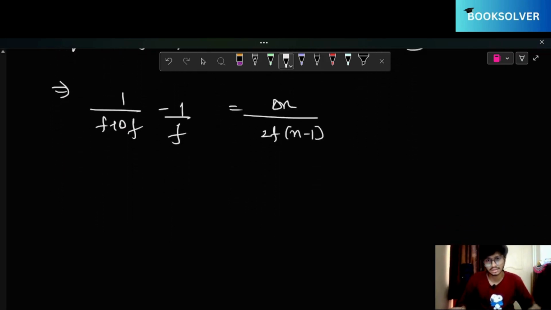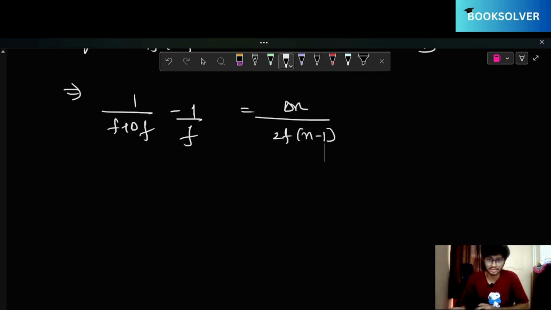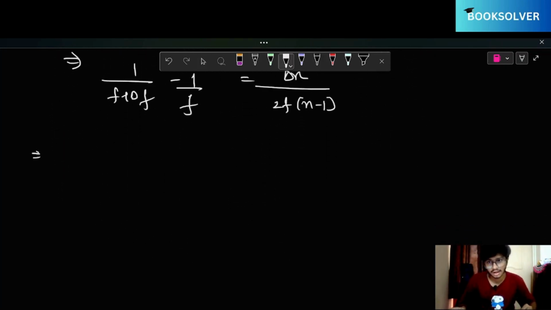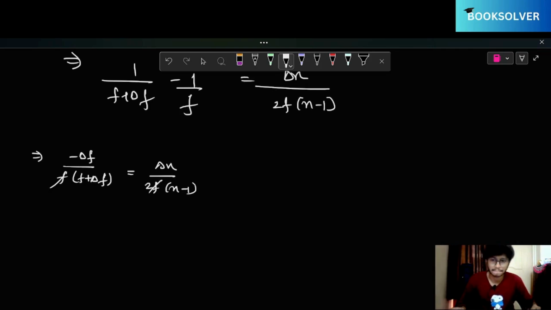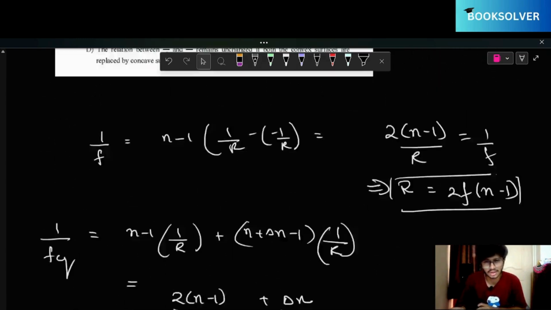This implies that minus delta F by F into F plus delta F is equal to delta N by 2F into N minus 1. F and F get cancelled. Right. Now what is the question?